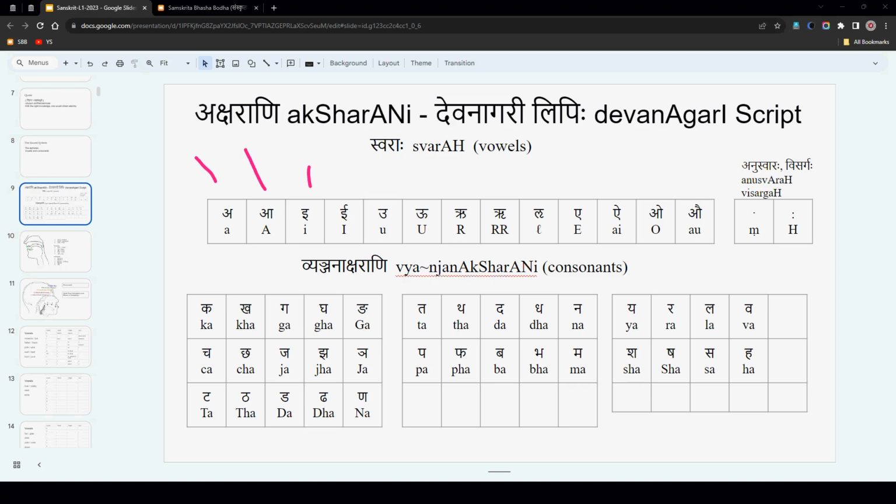Similarly, i, and then make it longer, it becomes i. So each one has this short and long. Hrasva, dirgha. Hrasva means short.